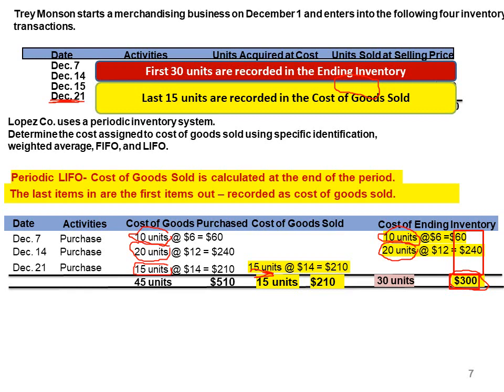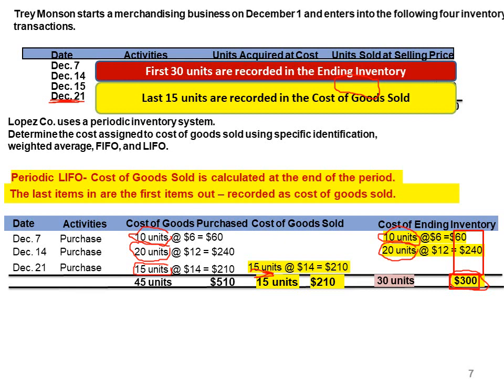Then on the next date, which is December 14, we had, as you can see, 20 units. All those 20 units, we didn't sell any of them. So they will also remain in our storeroom. So we will include them in the ending inventory. We will include them with their cost price, which is 12, so it will equal 240. Then on the last date, December 21st, we had 15 units.